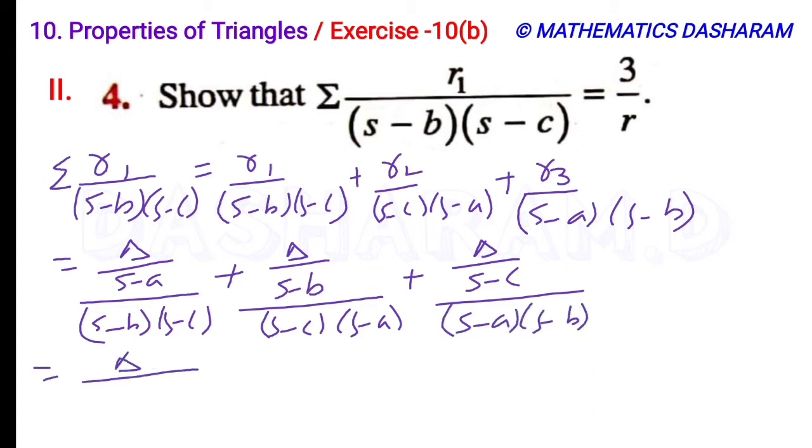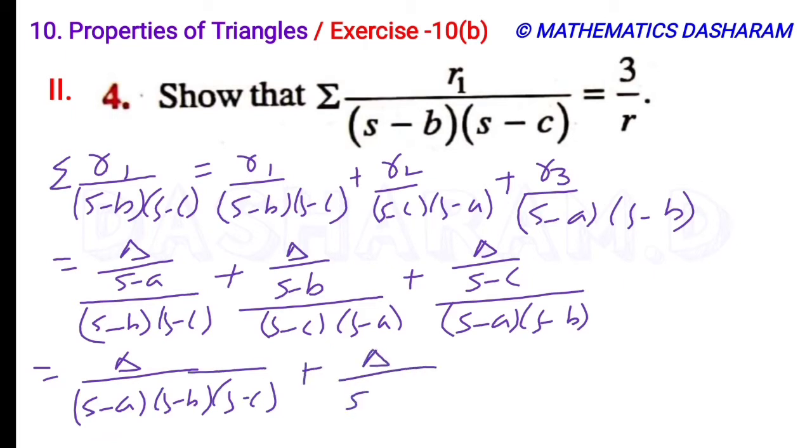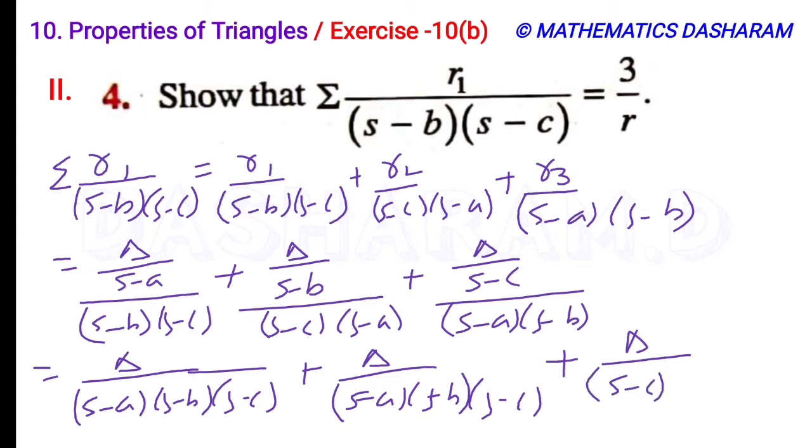So delta divided by s minus a into s minus b into s minus c, plus delta divided by s minus a into s minus b into s minus c, plus delta divided by s minus a into s minus b into s minus c.